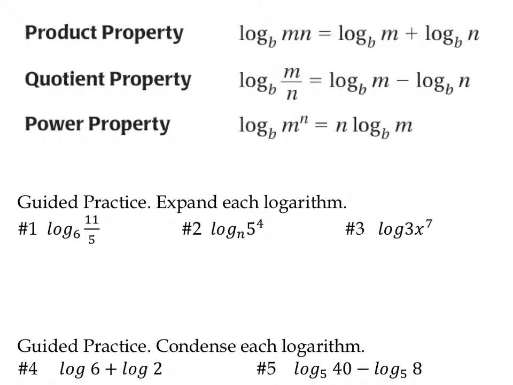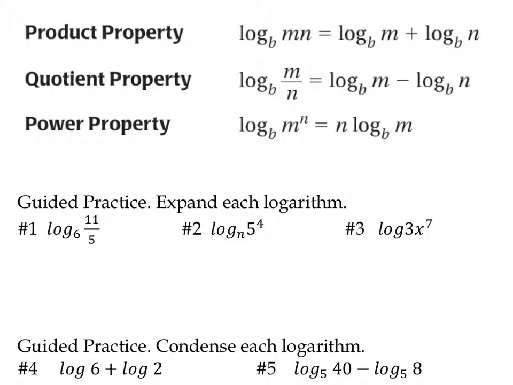So the first one is log base 6 of 11 over 5. So if we look up here to our quotient property, this is going to be the log of m over n, 11 over 5. We take the log of m minus the log of n.